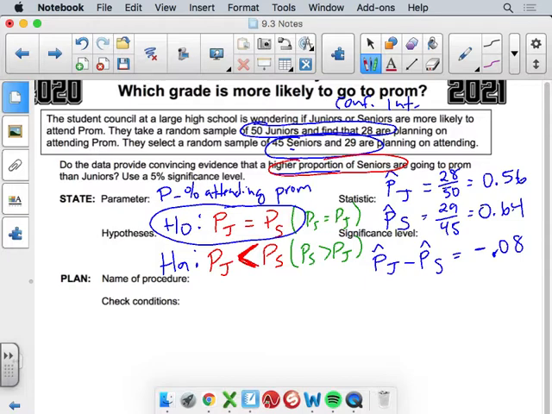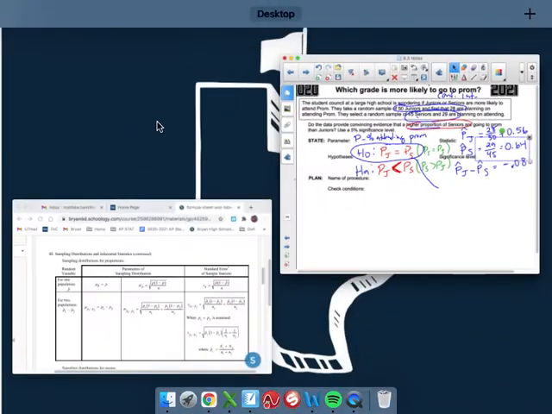But we need to go under the assumption, so we need to assume that P1, the proportion of juniors, equals the proportion of seniors. So the way we do this is I need to come up with a P to where these are the same. There's actually something on your formula sheet, so let me point this out.